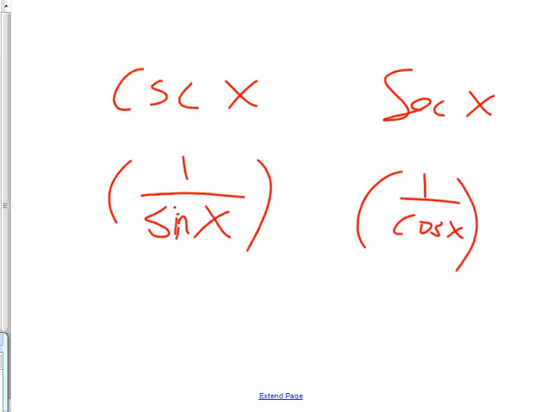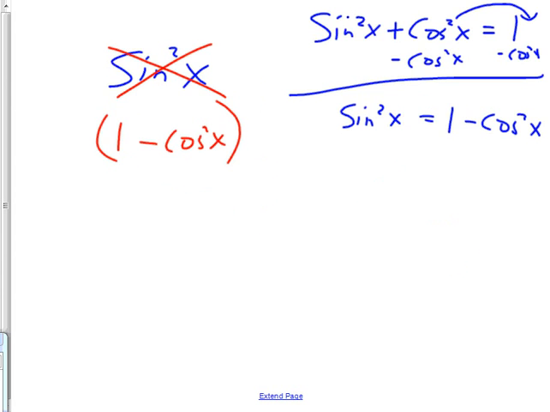So you can get things down to sines and cosines, and the cool part is, when you get it down to all sines and cosines, then a lot of things will cancel. Because you have a lot of opportunities to have, oh, sine on the bottom, sine on the top, make them cancel. Yes. Yeah, if you wanted to use the same equation right here to get cosine alone, you would just subtract.